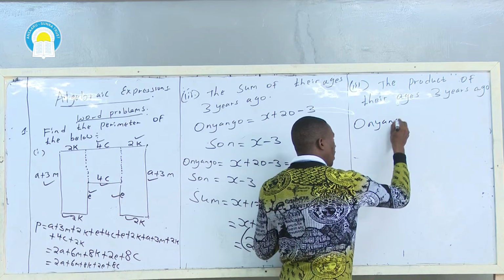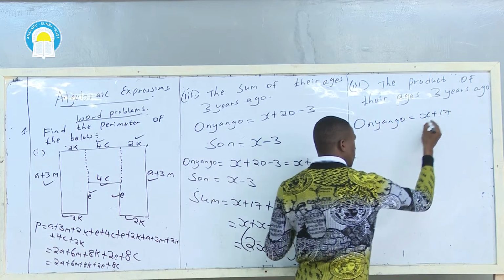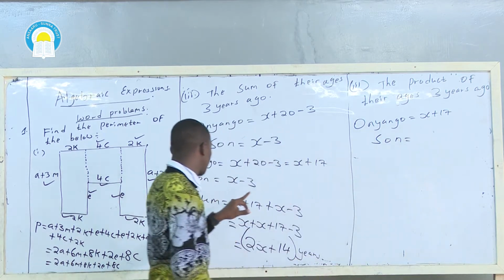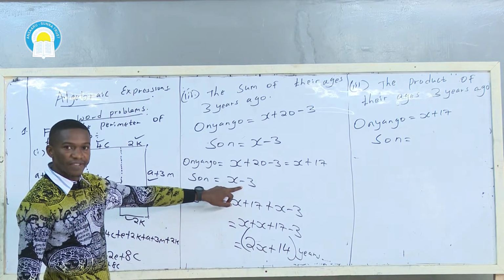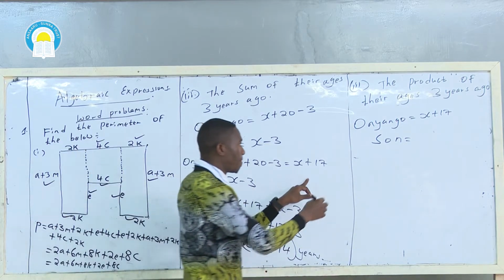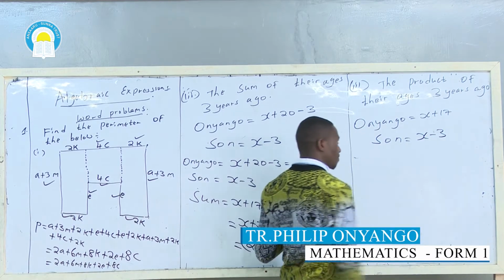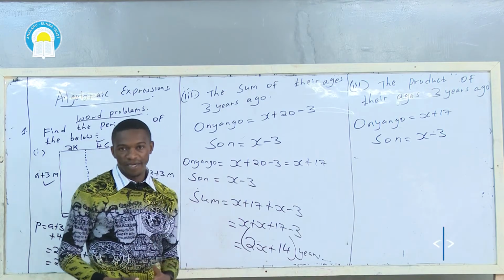Onyango's age 3 years ago was x plus 17. When you come to the son's age 3 years ago, you can see from Roman 3 it was x minus 3. Just come back and write x minus 3. So we are having x plus 17, we are having x minus 3.